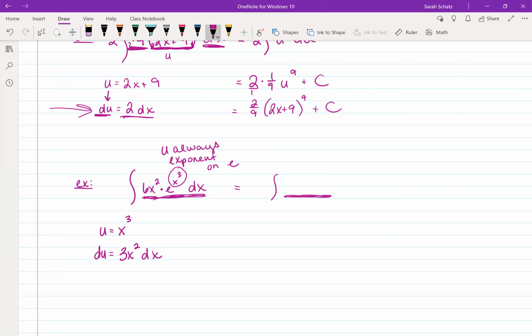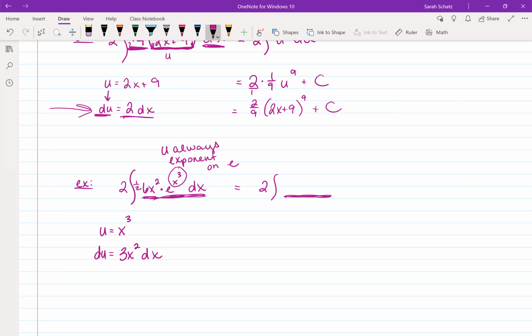Now, notice that du is 3x squared dx, and what I have is 6x squared dx. What do you think I'm going to do to this 6 when it needs to be a 3? This all works the same way, guys. Multiply it by 1/2 on the inside, which means what do I need on the outside? A 2. So in my rewrite, that 2 is here. Now let's see if everything's accounted for.